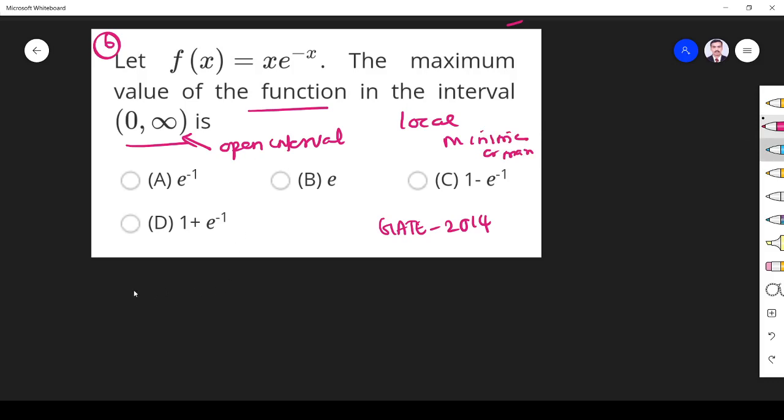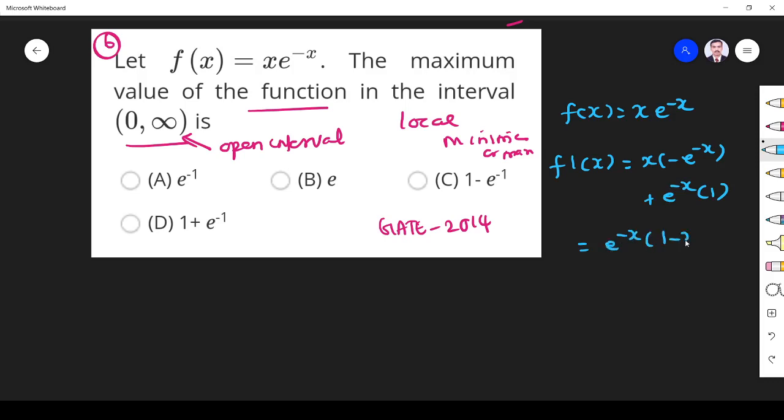First, as usual, f of x is equal to x into e power minus x. First we find f dash of x: x into minus e power minus x plus e power minus x into 1, by the UV formula. That gives e power minus x into (1 minus x). We equate that to 0, which gives x is equal to 1.